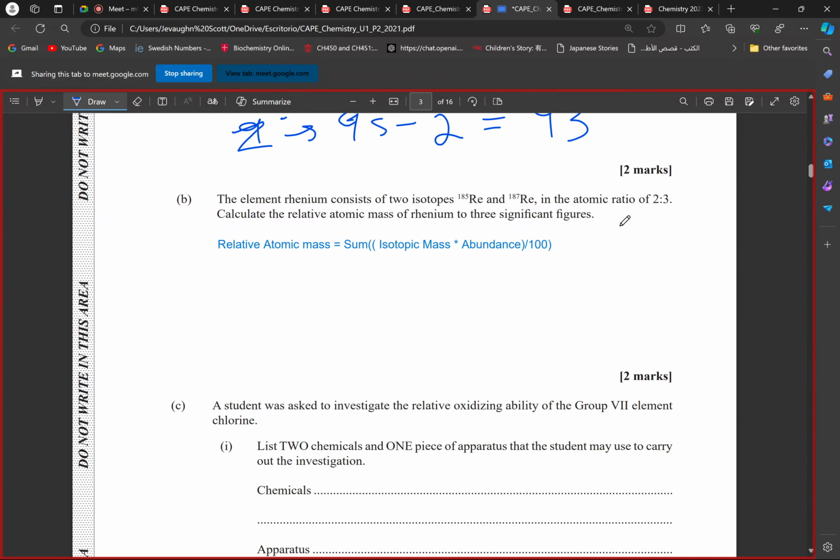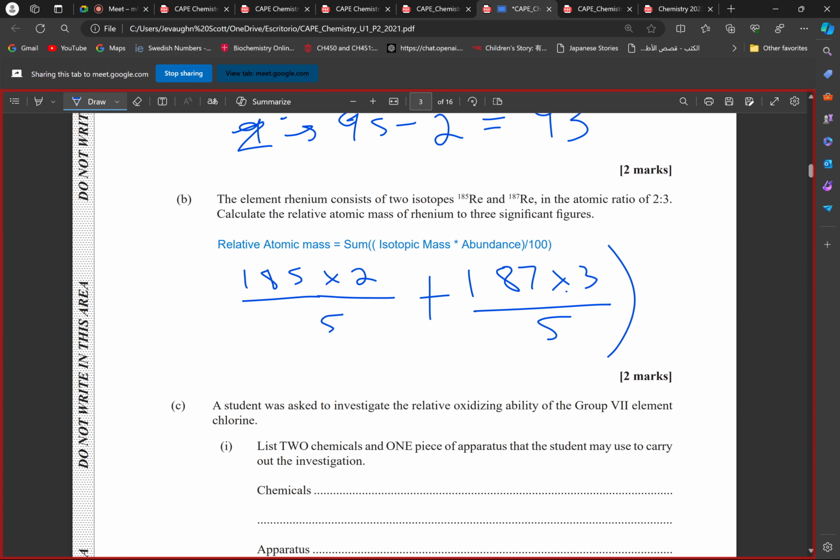So you're going to have 185 times 2, because 2 is what it corresponds with, plus 187 times 3, divided by 5. All right, so that's what we should do.